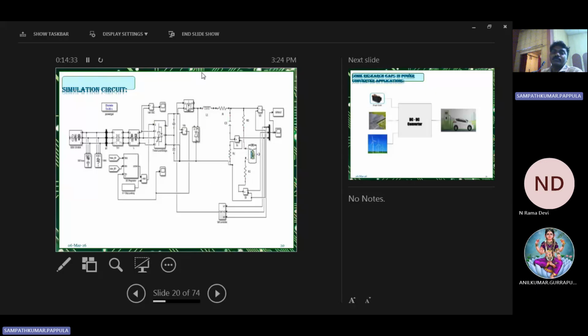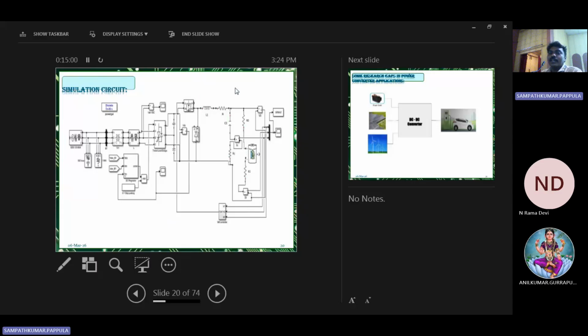If you observe some papers on Google, all this work is available. But what you need to do here: they are using the simple buck converter. Instead of the simple buck converter, you may take some other simple converter, maybe boost or some KV converter, depending upon their voltages. If you replace the buck converter with the boost converter, your work is completed.